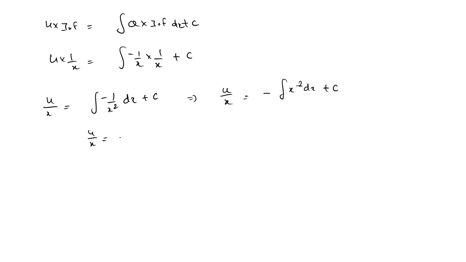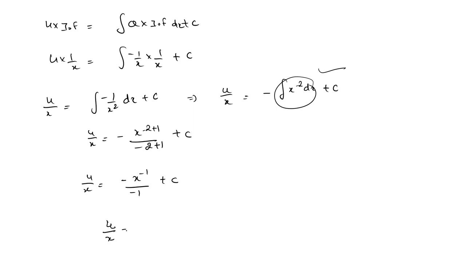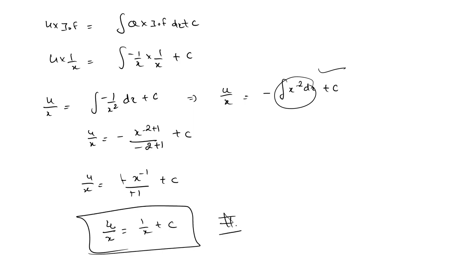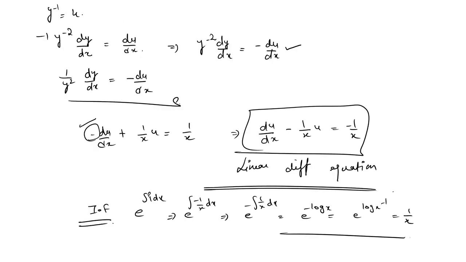u divided by x. What is the integration of this? It is x^(-2+1) divided by (-2+1), plus c. So u divided by x equals 1 by x plus c. Now we will again resubstitute the value of u. What is the value of u? u is y inverse.